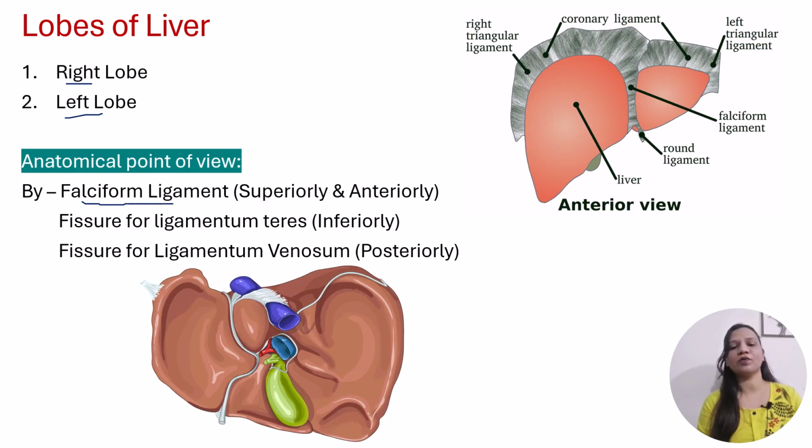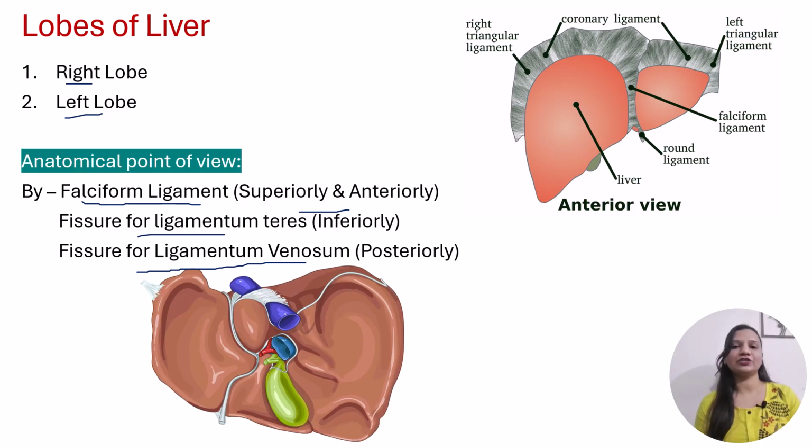first one is the falciform ligament, which is present superiorly and anteriorly. Next are the fissure for ligamentum teres and the fissure for ligamentum venosum. So if we are seeing the ligaments related to the liver, you have to keep in mind that there are two types of ligament present on the liver: the true ligament and the false ligament.